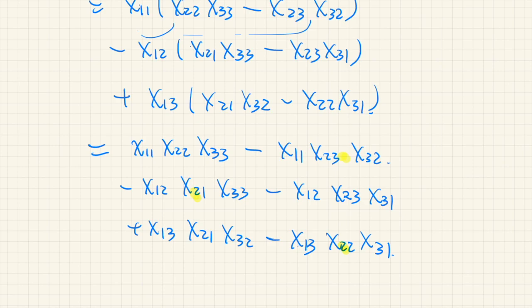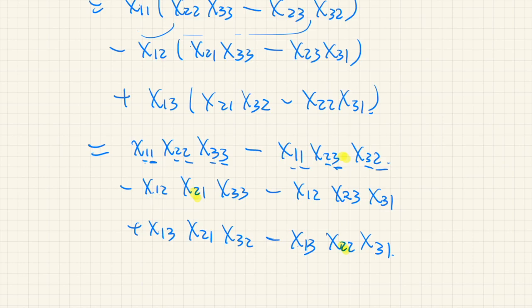So what are these 6 terms? Okay, let's look at these indices. The row index is 1 and the column index is 1 here, and 2, 2, and 3, 3. And here 1, 2, 3, and 1, 3, 2.